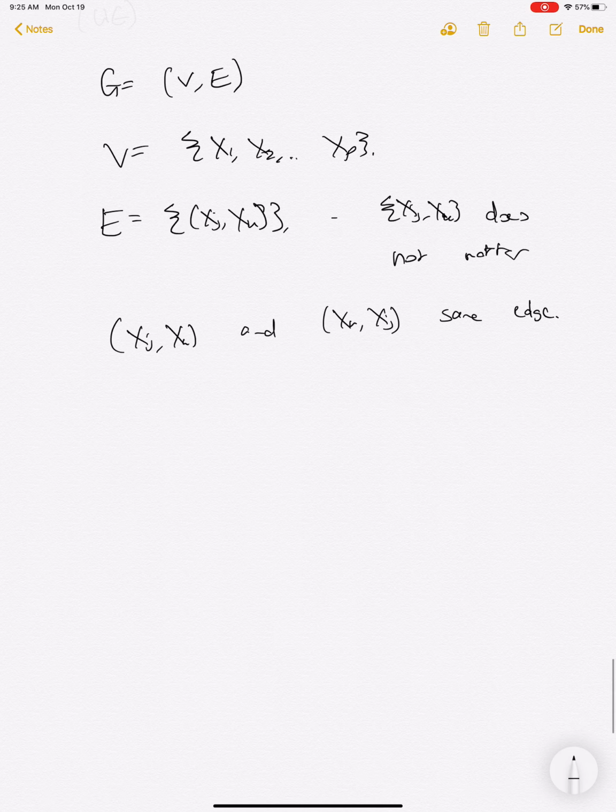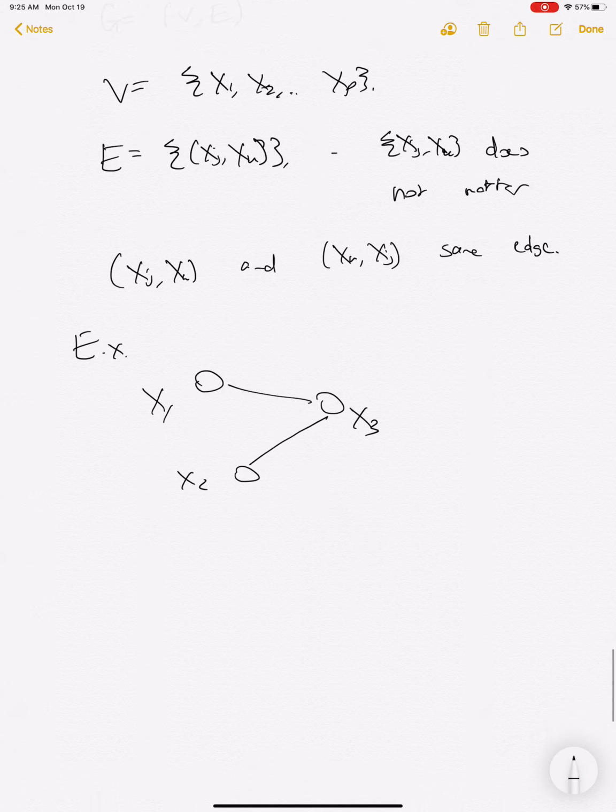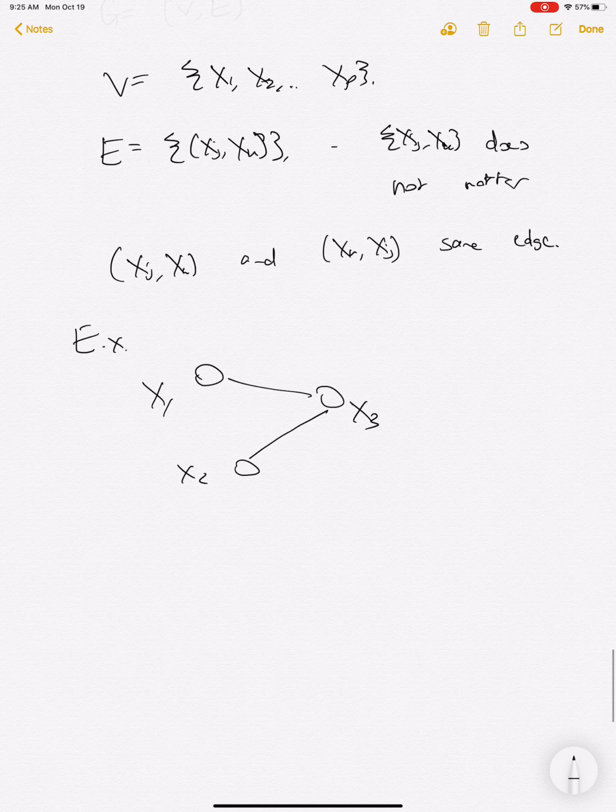Okay, so to be concrete, we could have x1, x2, x3, and note that there are no arrows here because this is undirected. So the edge set here is just x1, x3 and x2, x3.